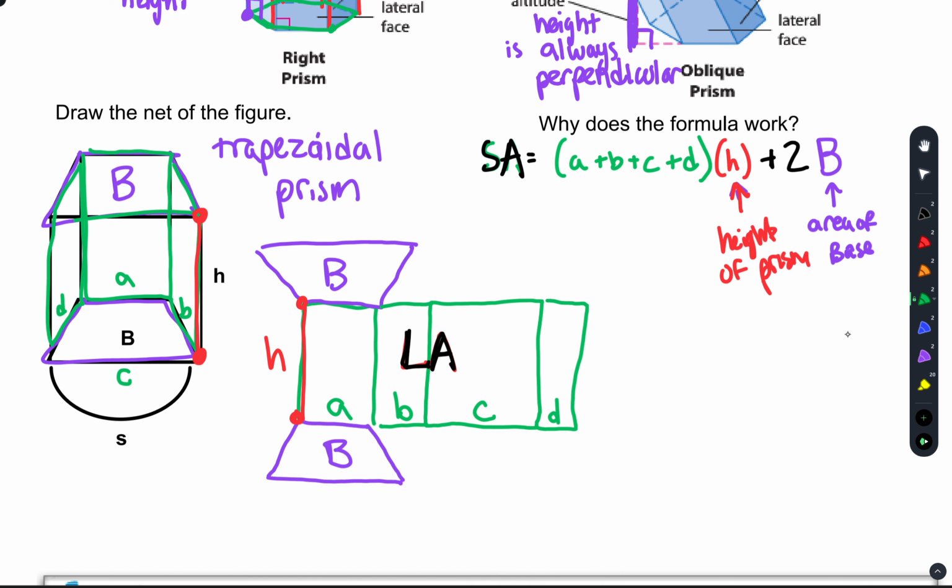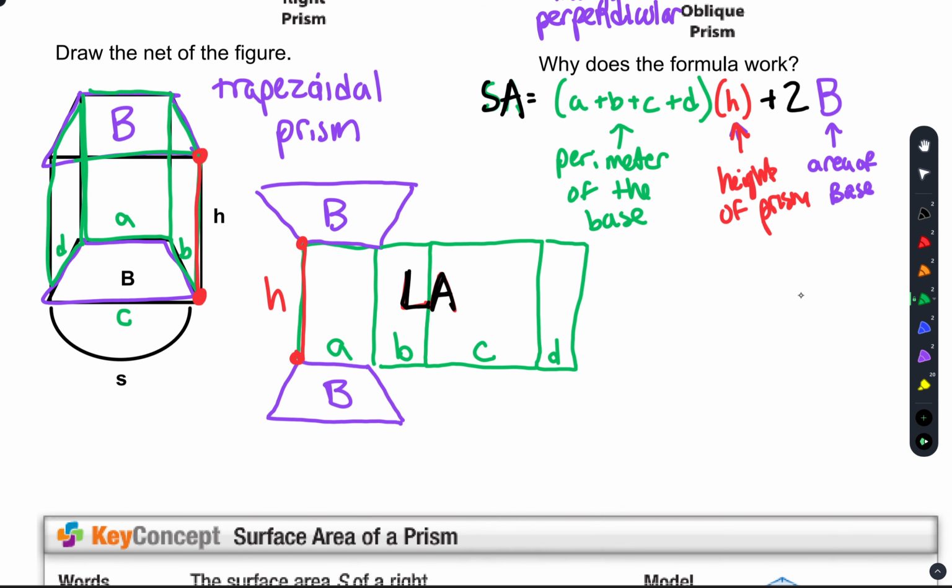So we're going to change this to a P in a second. Hold on. This is perimeter of the base. So if we take that formula and we simplify it down just a little bit, surface area of any prism can be found by doing perimeter of the base times the height of the whole prism plus 2 big B, which is the area of a base.